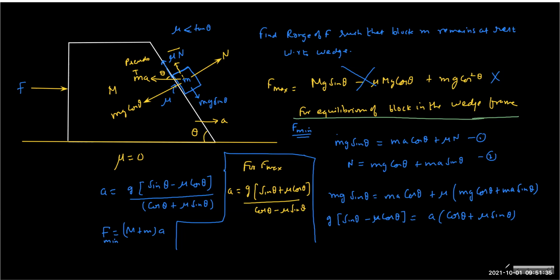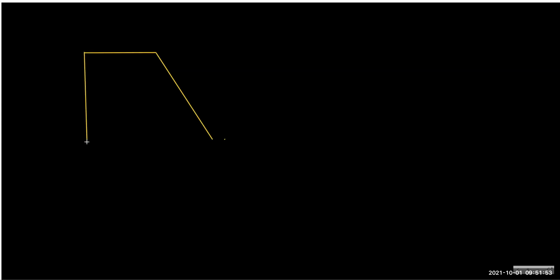So what is the meaning of F max? In the case of F max scenario, the acceleration is so high that the block will reverse the tendency of motion. So whenever you go to F max, the tendency is reversed. So the block will tend to go up.